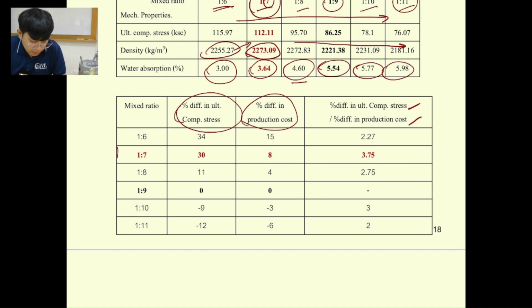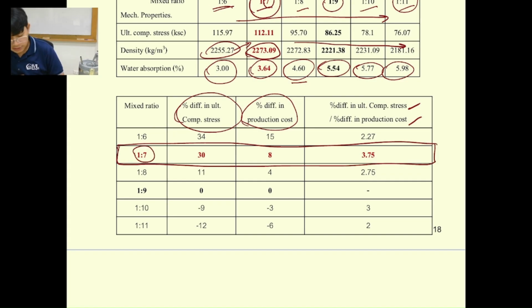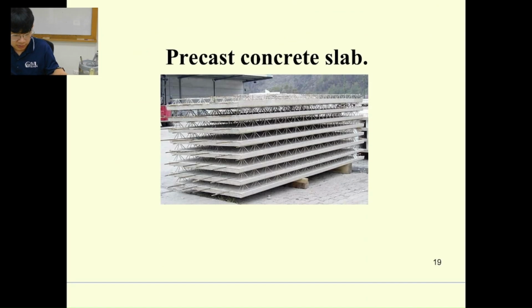You can see that the one that provides the optimum for his product is going to be 1/7, but it's going to cost higher than what he did back at that time, 1/9, but it's going to produce really good strength compared to the control sample of 1/9 ratio. Okay.